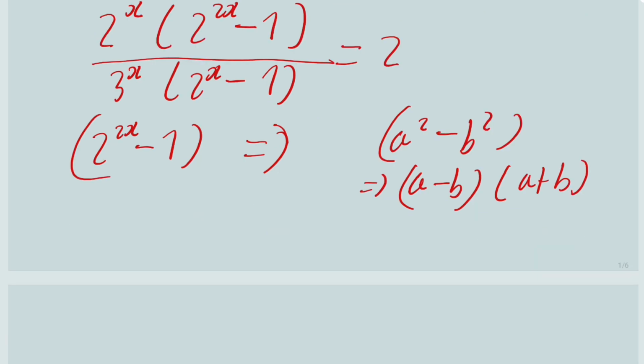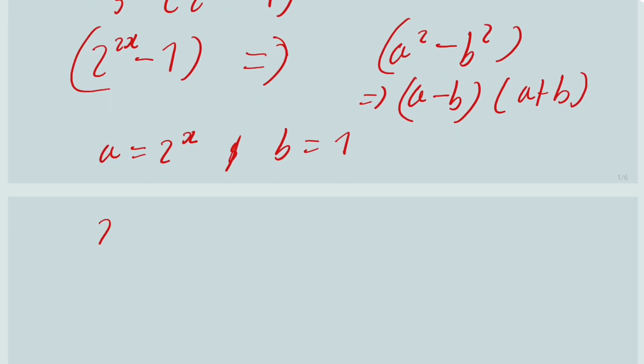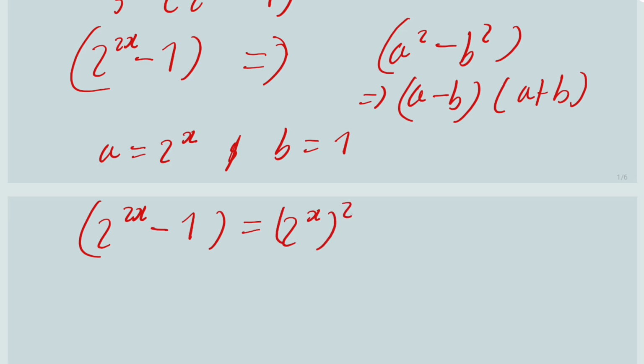And if you look at this equation very well, you're going to see now that our a is equal to 2 to the power x and our b is equal to 1. So 2 to the power 2x minus 1 is simply equal to (2 to the power x) squared minus 1 squared, where 1 squared is basically still equal to 1.